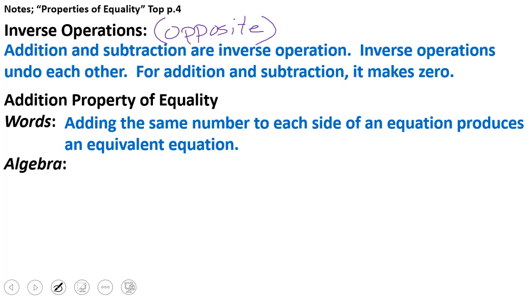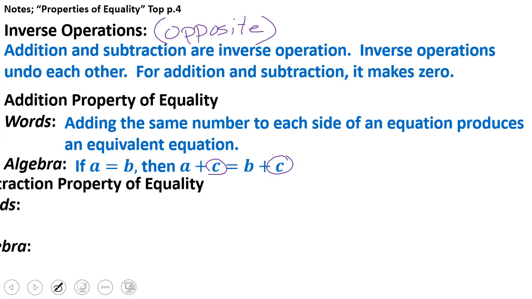In algebra, that says I've got A equals B. Well, if A equals B, then I can add the same number C to both A and B, and it will produce an equivalent equation. Makes sense? Excellent.